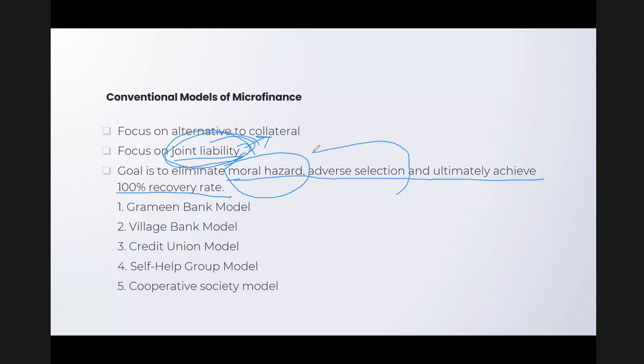Adverse selection means to give loans only to successful, less risky, safer borrowers, and then achieve a 100% recovery rate. This can be achieved using the joint liability model, which is implemented by most of the conventional microfinance institutions.